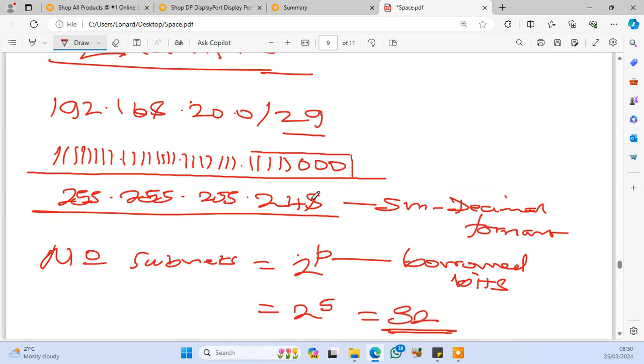So with this subnet mask, we will be able to have 32 different subnets, 32 different groups that we have to maintain.